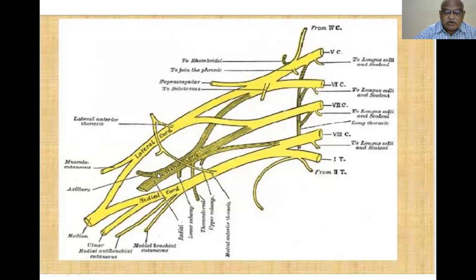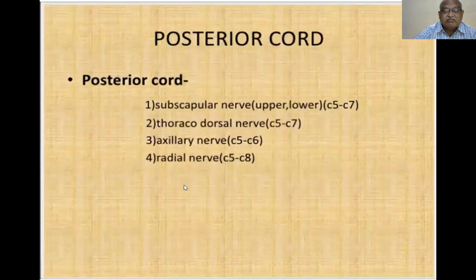You have to assess an artery, vein or nerve as a continuation when it is in line with the main part. Here the radial nerve is in line with the posterior cord, so it is called a continuation.